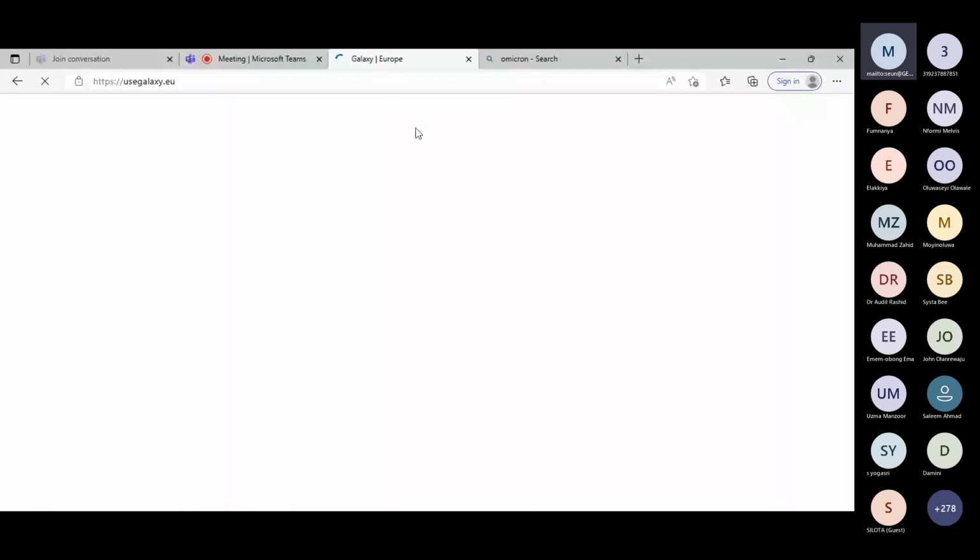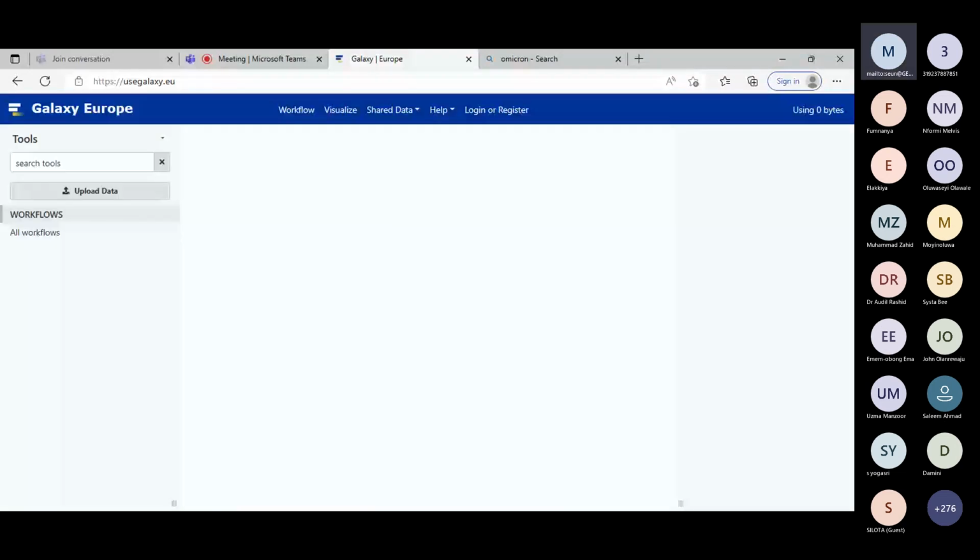You can search that on your screen. So this is it. This is usegalaxy.eu.